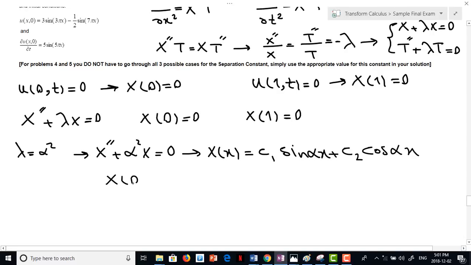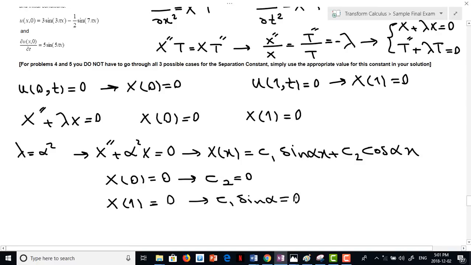So X of 0 is equal to 0. It means that c2 is equal to 0. X of 1 is equal to 0. So we have c1 sine alpha equal to 0. As a result, alpha is equal to n pi. So it means that X of x is equal to c1 sine n pi x.